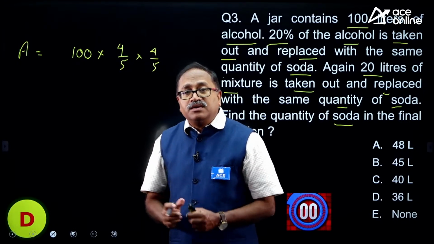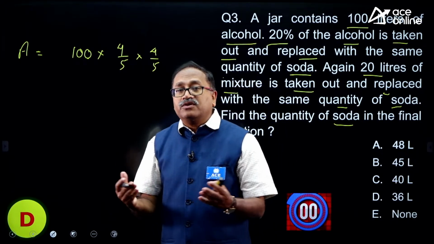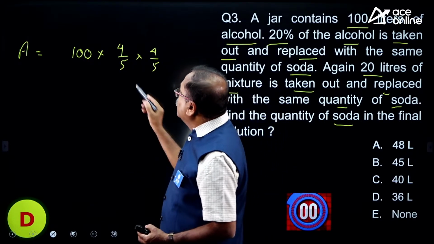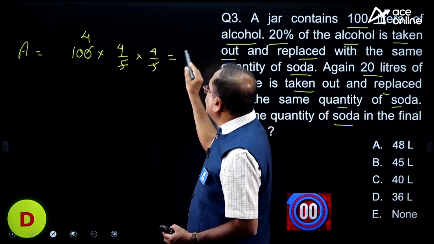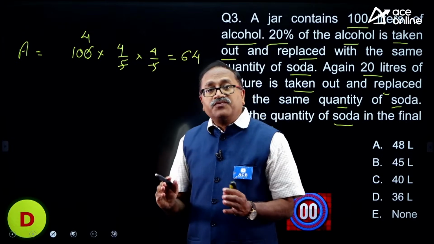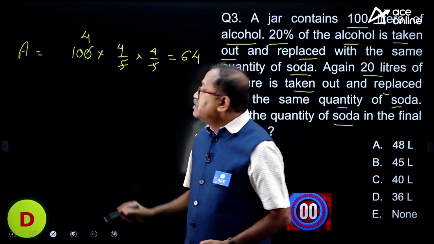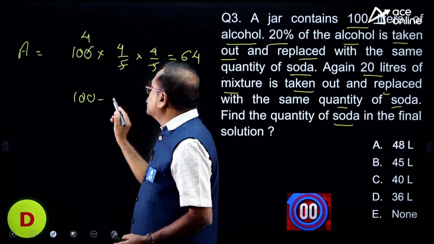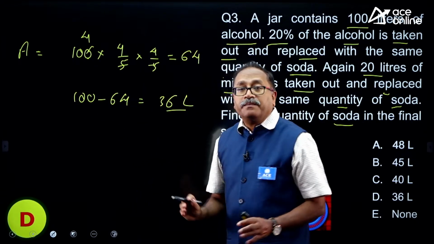So I am getting the alcohol part. From the total 100 liters, if I take out the alcohol, I will get the soda. 5 fives are 25, this gets 4 times, and 4 fours are 16, 4 is 64. If 64 is alcohol, as it is a replacement, the total quantity will remain the same. So 100 minus 64, you will be getting 36 as soda.